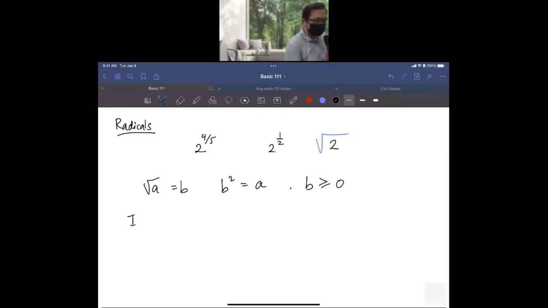So this is the square root. But if we have not only the half, the rational, we have another, maybe 1/3, 1/4. So let's say n is a positive integer.